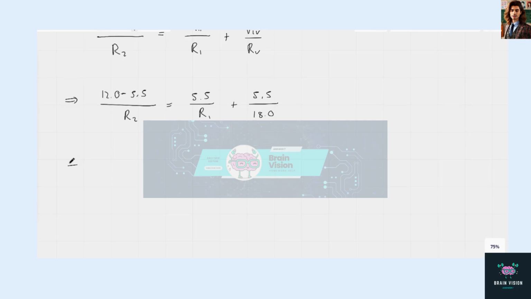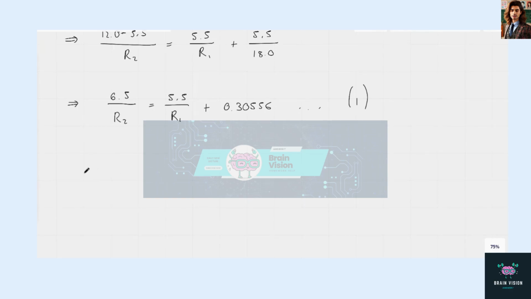And so if we rearrange this equation and simplify, we get 6.5 over R2 is equal to 5.5 over R1 plus 0.30556. So we'll call this equation 1. Here we have one equation with two unknowns, R1 and R2.